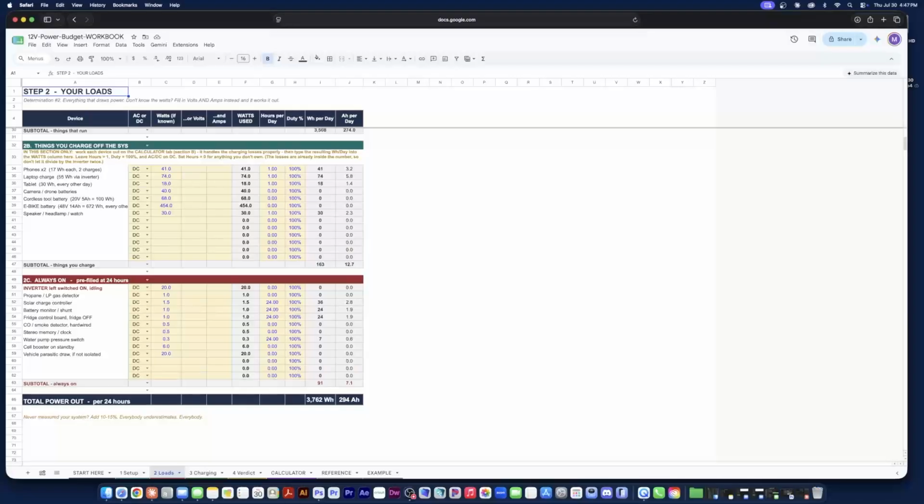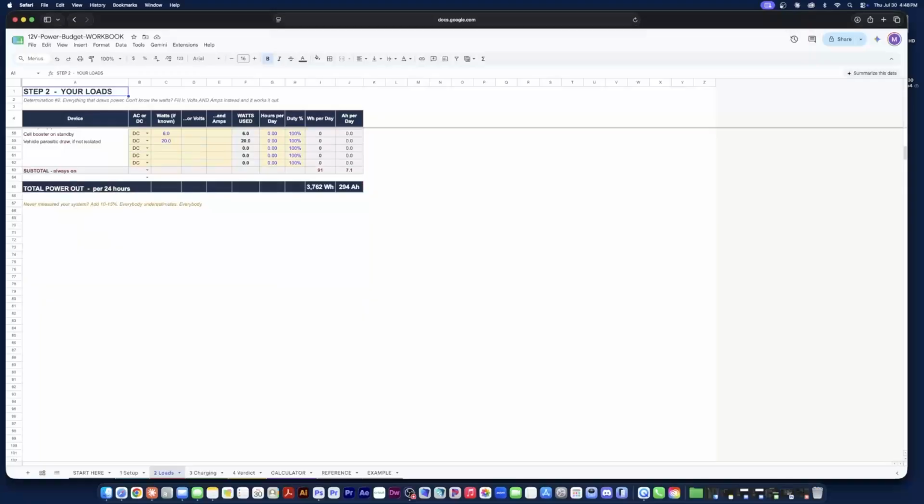So I don't have anything down here for any of this except for the solar charge controller will take a little bit. The battery monitor that I've got with a shunt will take a little bit. And the fridge controller, even when it's not running, it will take a little bit. I've put a little bit in there for those, the water pump pressure switch, stuff like that.